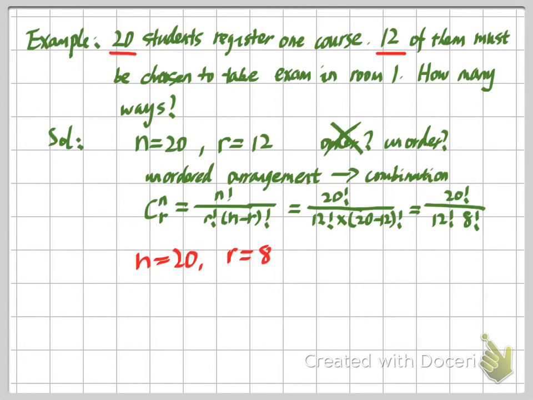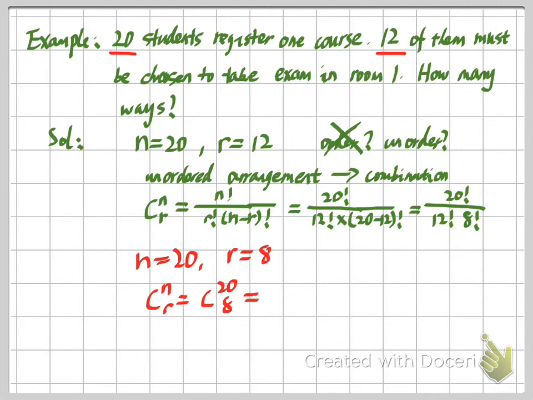So this question becomes selecting 8 students from 20 students and putting them in some other room, not room 1. In this one, it's still an unordered arrangement, so it's still a combination. However, now when we look at the formula, this becomes C(20, 8).